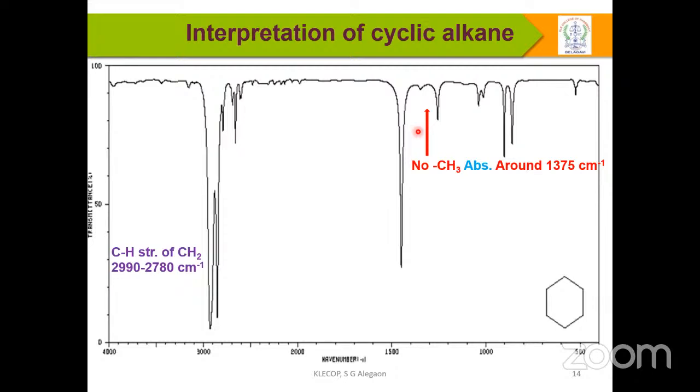This is another very important point for those who are sitting in a competitive exam: how you are going to differentiate cyclohexane and hexane in IR spectroscopy. Can you see there is no CH bending of CH3 absorbance peak at 1375.